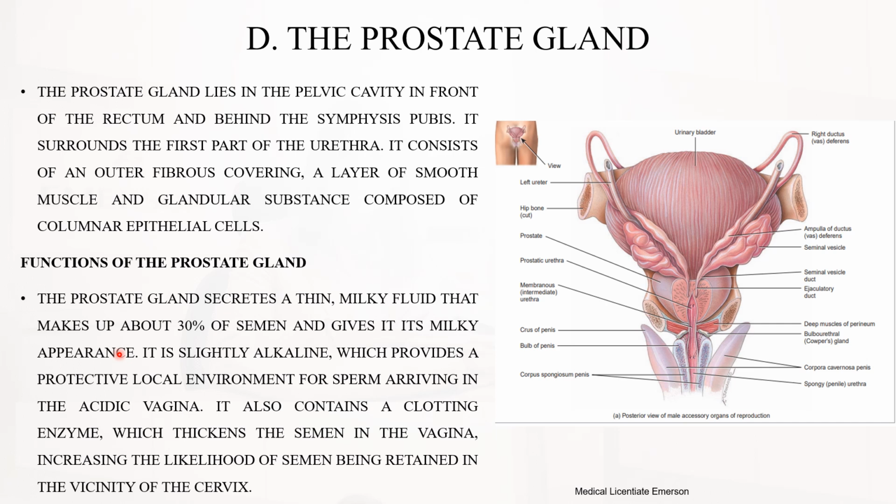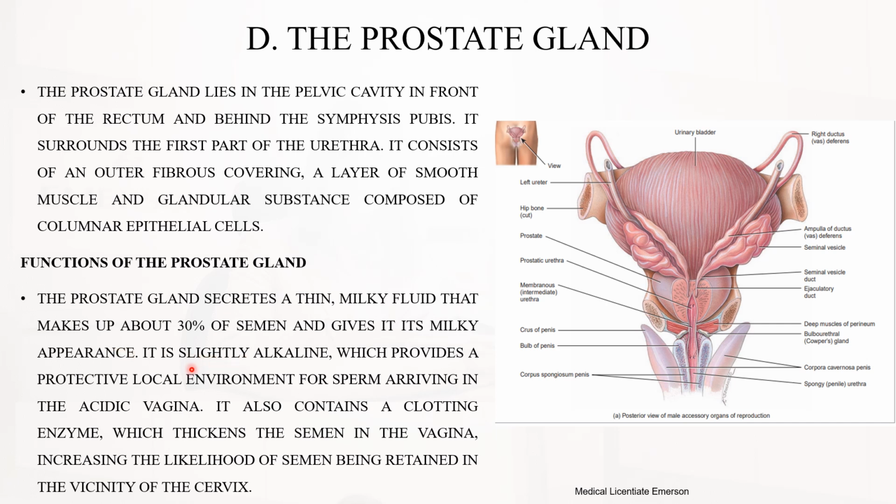This is a very good structured question. The prostate gland secretes a thin, milky fluid that makes up 30% of the semen and gives it its milky appearance. That's where people end up giving wrong answers. So remember, prostate gland.